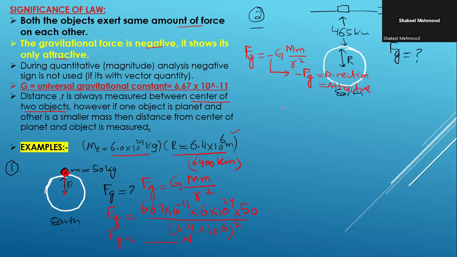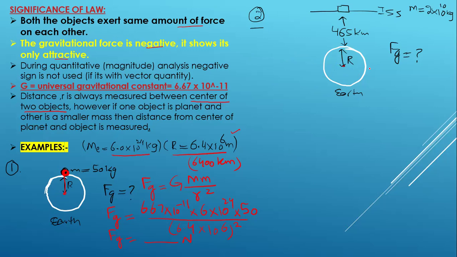Okay, similarly, you can try this question. There's a satellite at some height, which is 465 kilometers, and along with the radius of Earth already given to you, which is 6,400 kilometers, you have to find the gravitational force between the satellite and the Earth.